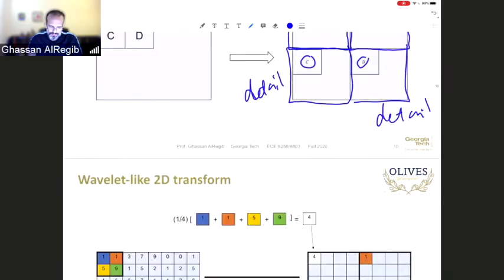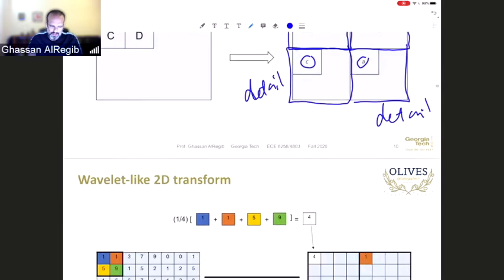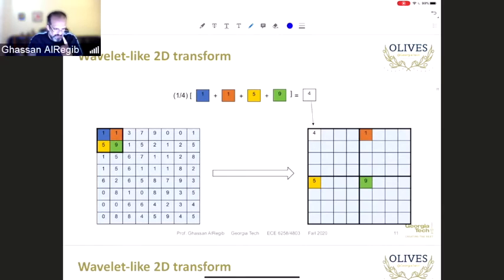So now let's apply this toy transform to an 8x8 image. So let's start with this. I have an 8x8 image on the left-hand side, and I'm applying the first level. I'm looking at the 2x2 blocks of the image, and they are color coded here, so you can really trace what's happening.